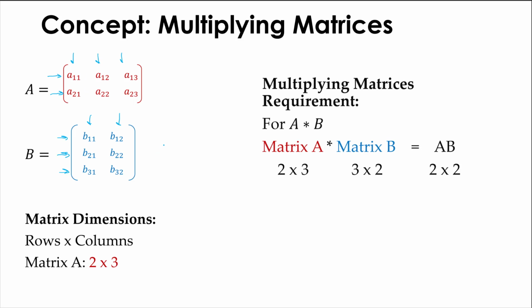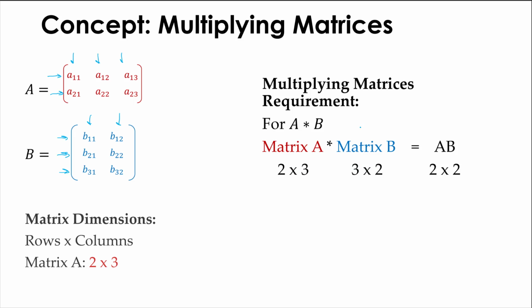So when we multiply matrices, we actually have this requirement where we need to list out the rows and columns for each of our matrices. So we need to look at the dimensions for each one side by side, and it does matter the order. So if I have A times B, I need to list out matrix A first times matrix B when I'm listing out my dimensions.